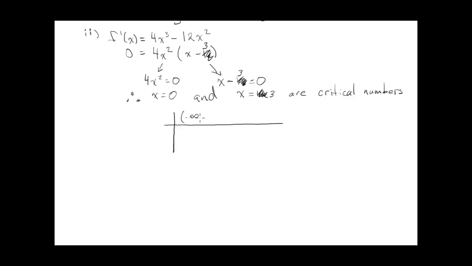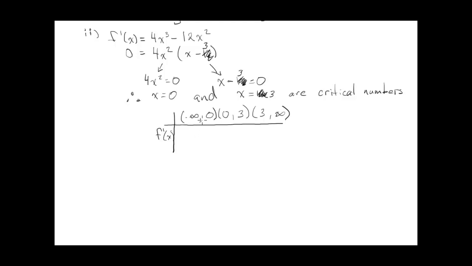So minus infinity to 0, 0 to 3, 3 to infinity, and then we're going to look at the sign of f prime.